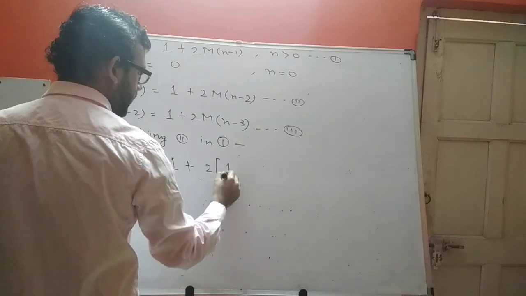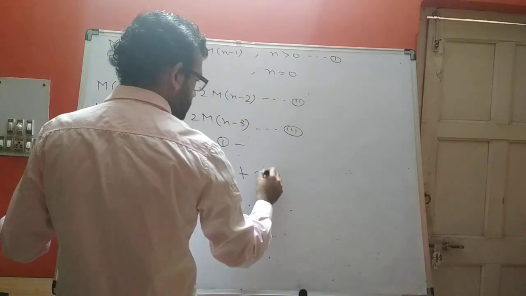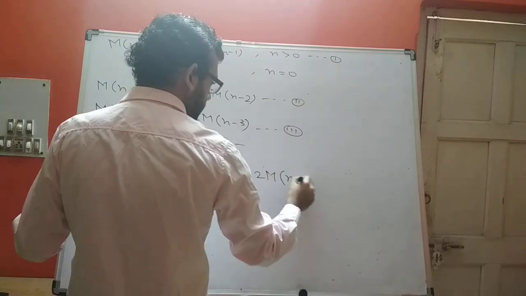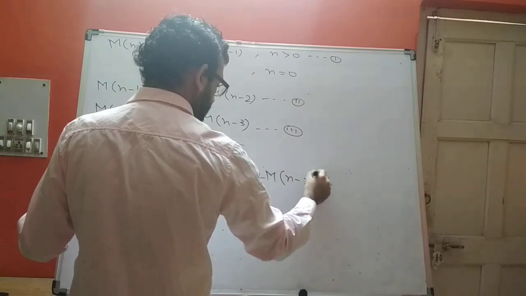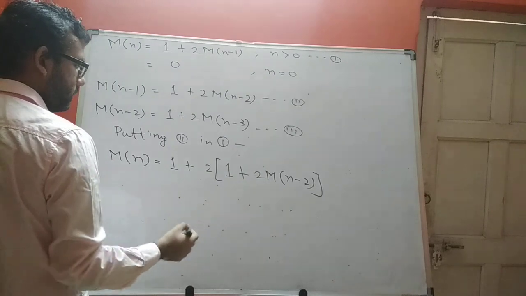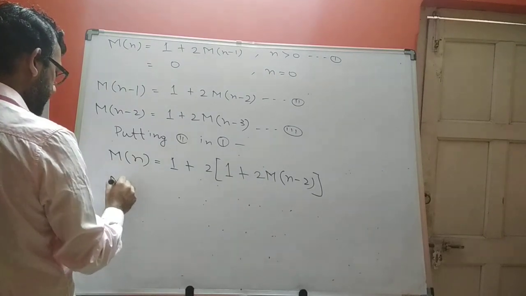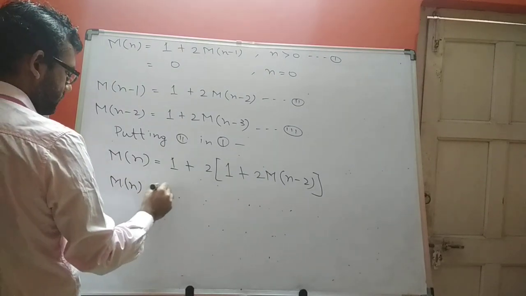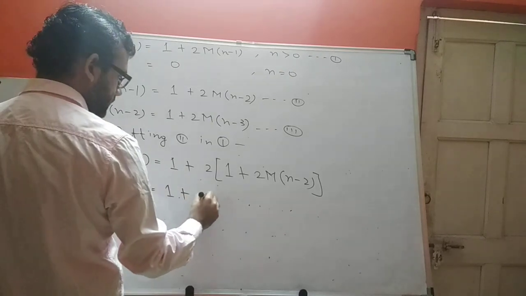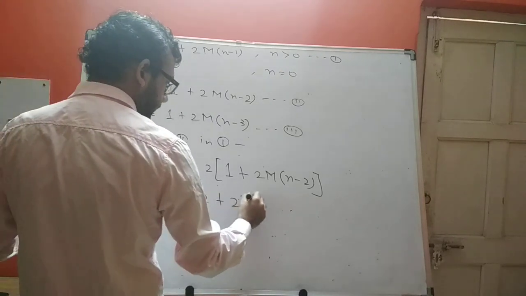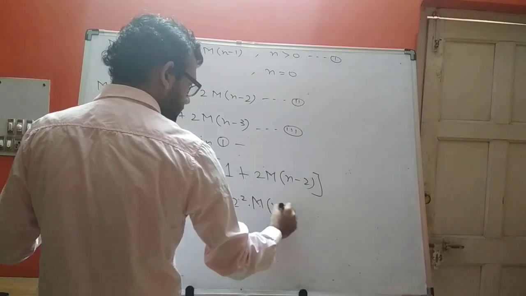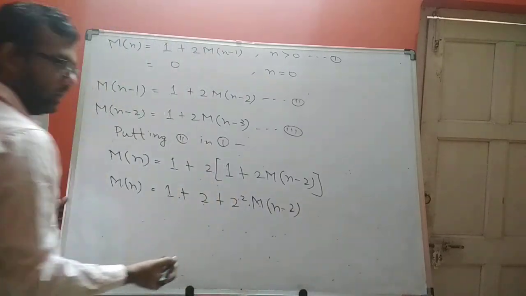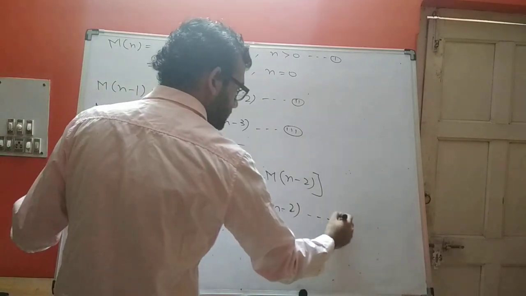So I'll write 1 plus 2 into m of n minus 2. Now if I expand this, what will I get? I'll get m of n is equal to 1 plus 2 plus 2 square m of n minus 2. Let's call this equation 4.